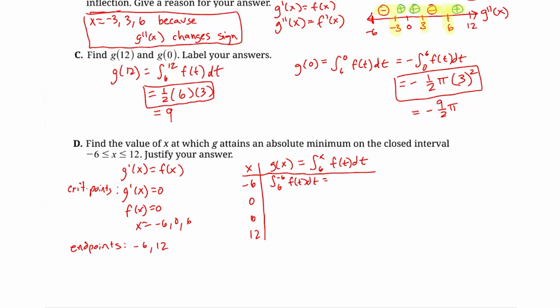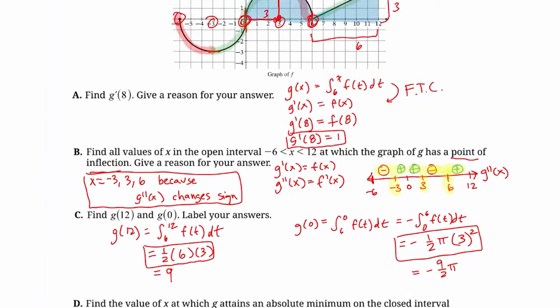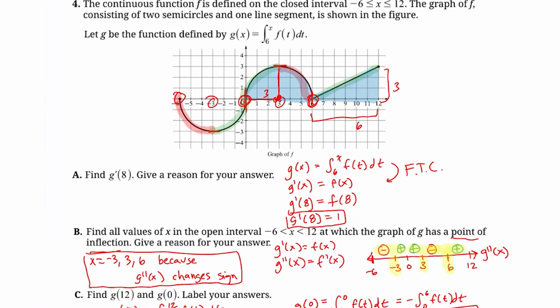Now, 6 is bigger than -6, so if we're going to approach this from an area perspective, it might be helpful to write this as negative integral of -6 to 6 of f of t dt. But we're going to see once we scroll back up to the graph that it really doesn't matter if you do that in this case, because from -6 to 6, we have the same amount of area below.